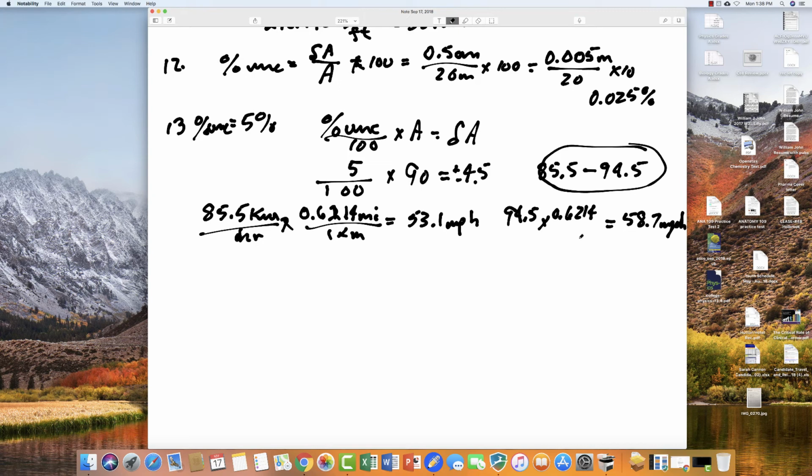So the range there will be 53.1 miles per hour to 58.7 miles per hour if it's reading 90 kilometers per hour. And if you wanted to know what that is, you just multiply 90 by this. It's approximately 55 or so miles per hour. So that's number 13.